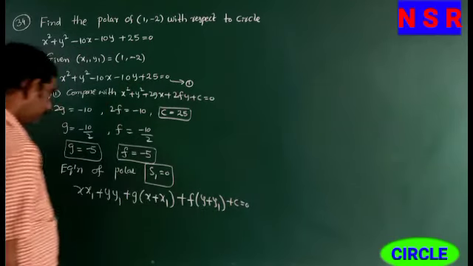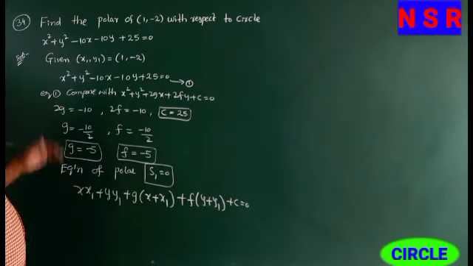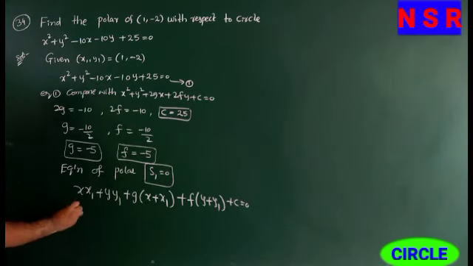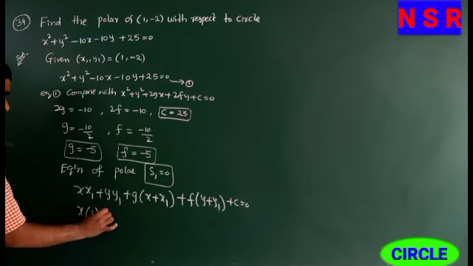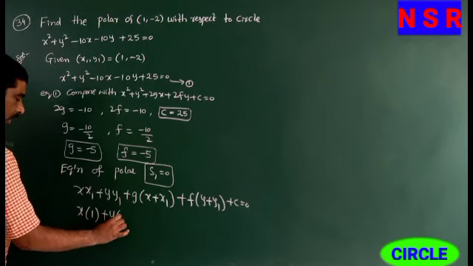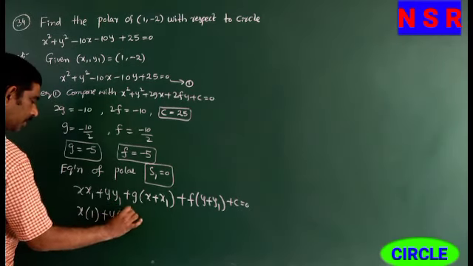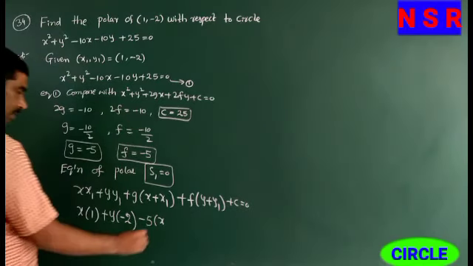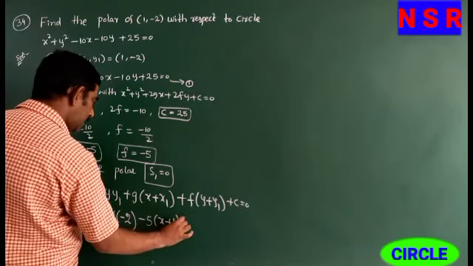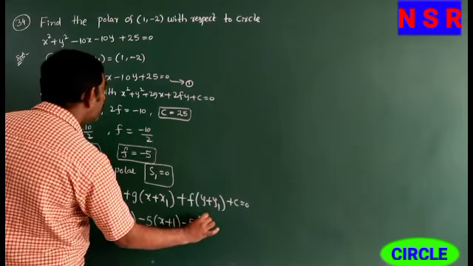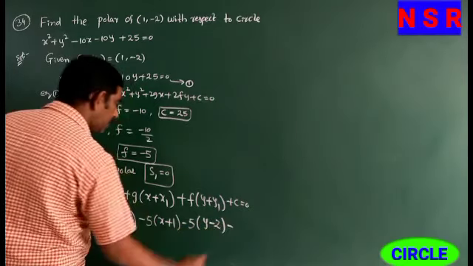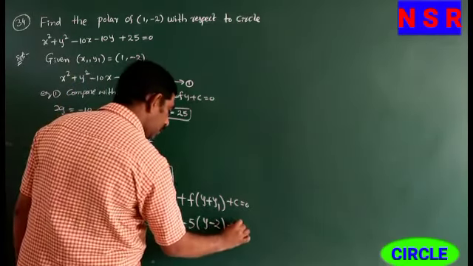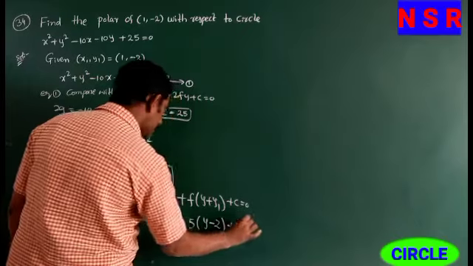So x·x1 + y·y1 + g(x + x1) + f(y + y1) + c = 0. So x into 1, plus y into -2, plus -5 into (x + 1), next -5 into (y - 2), plus c, 25 equal to 0.